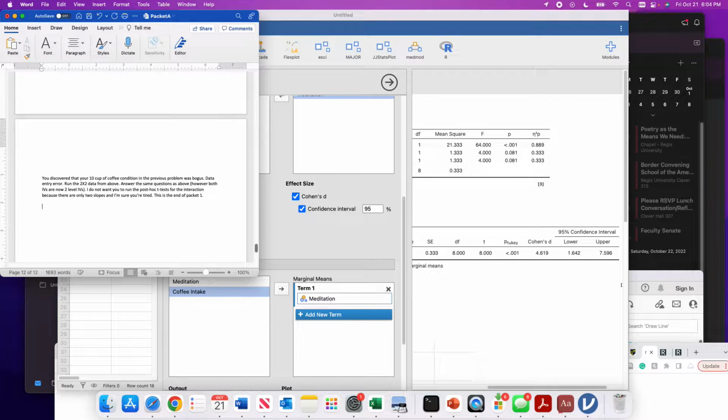Essentially all I'm going to write now is F with 1 degree of freedom and 8 degrees of freedom, 1 for the main effect of meditation and 8 for the error term, equals 64.00. The p-value is less than 0.001.